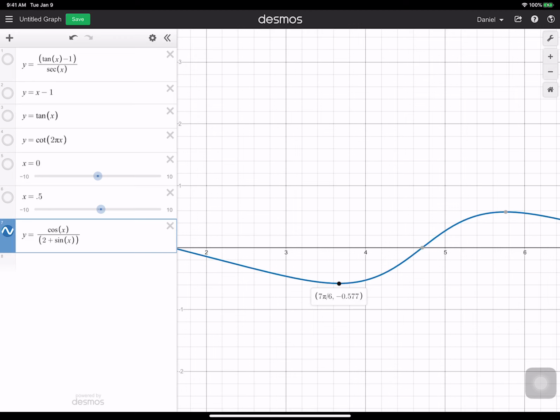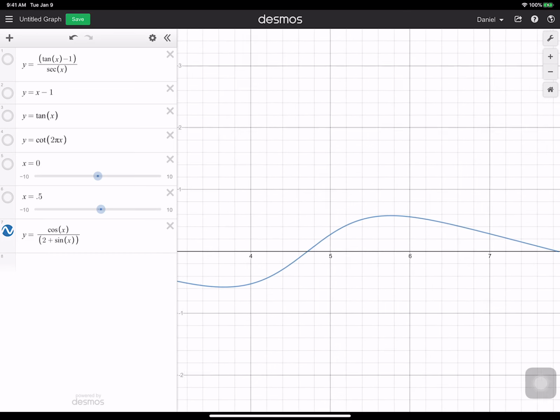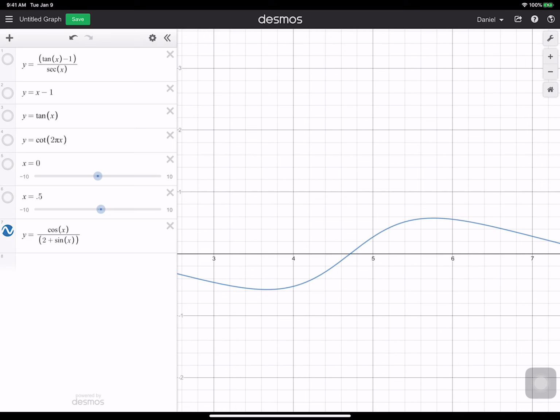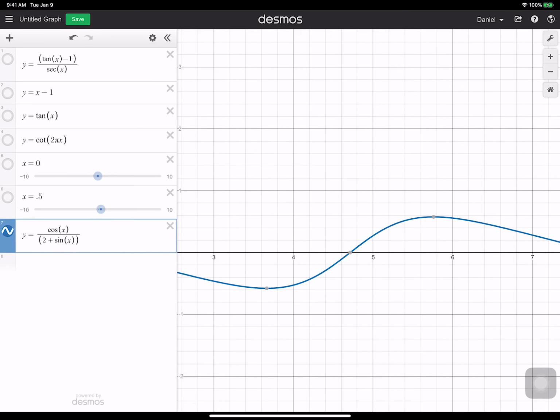That's the location of your horizontal tangent, 7 pi over 6, at the bottom of your hill. Kind of like in a valley, at the exact location in that valley. And then up here, notice this point here. See if we can do the same. Okay, what is the address? 11 pi over 6. So that's at the top of your hill. So this is the locations where you'll have these horizontal tangents.